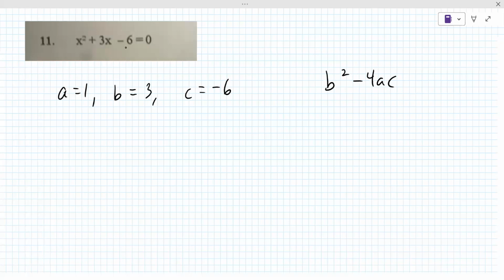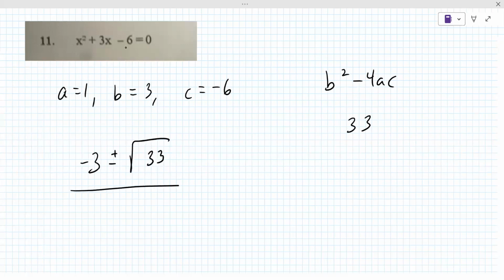I got 33. Let's see, 9, yeah, 33 this time. Yep, looks good. So that's the most important thing to get right. It's -3 plus or minus the square root of 33 all over 2.